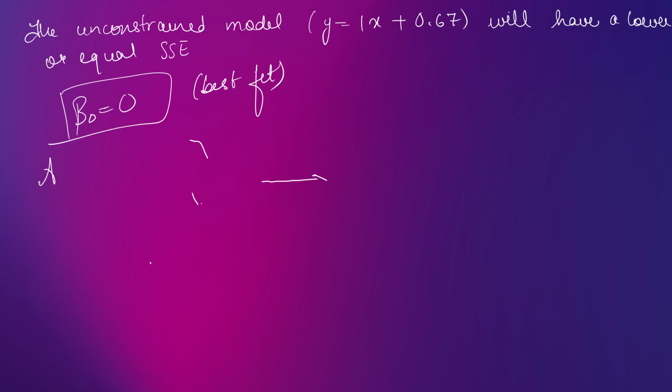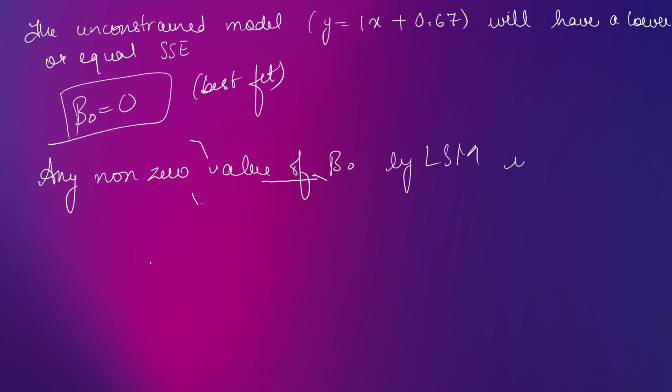We'll write this down also. Any non-zero value of beta naught by LSM is guaranteed to reduce the SSE further.